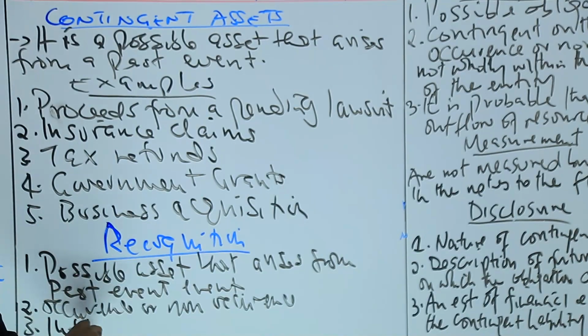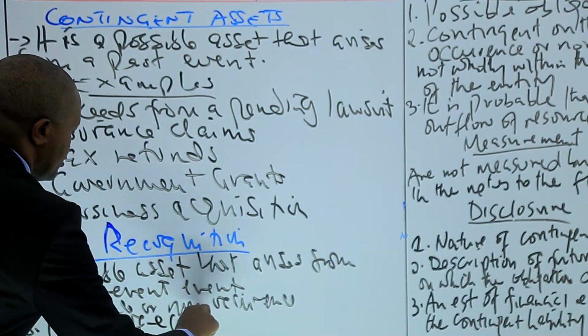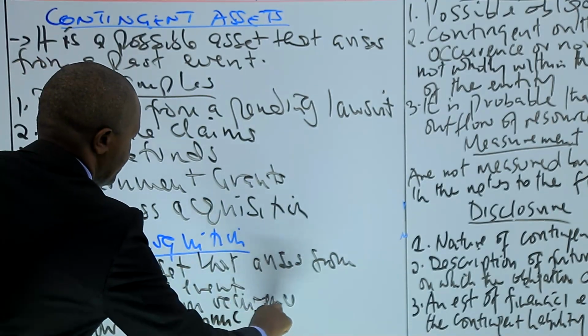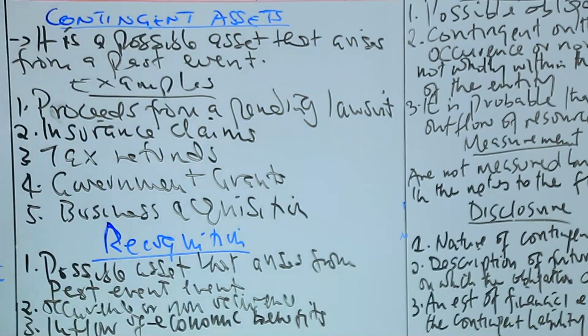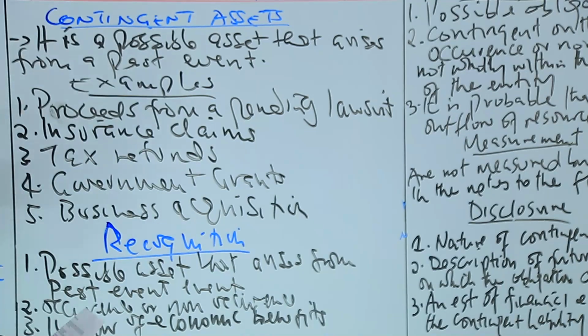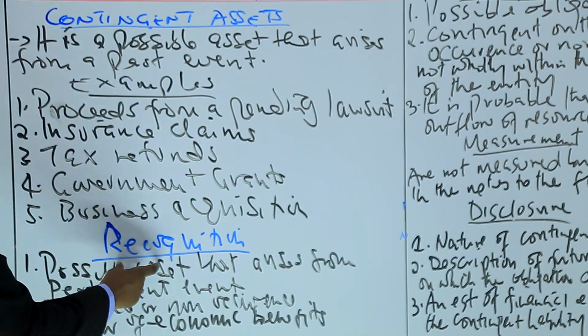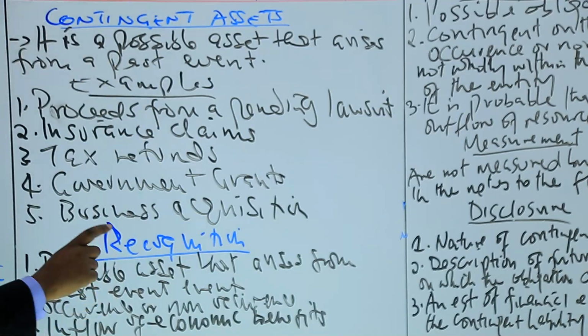If there is likelihood, if it's probable, that there will be an inflow of an economic benefit resulting from the future event, then that's another criteria that can be used by public sector entities in recognizing contingent assets.